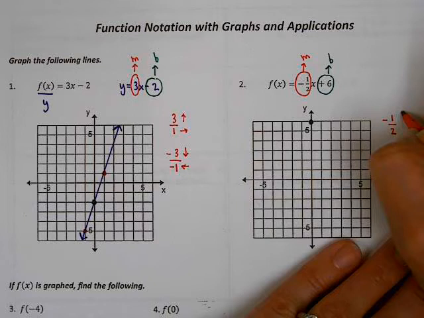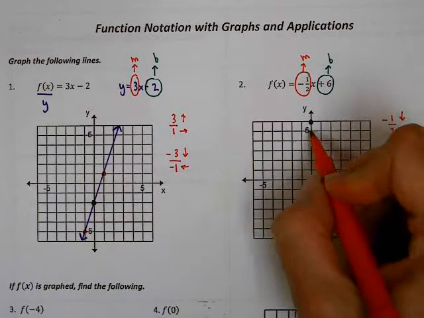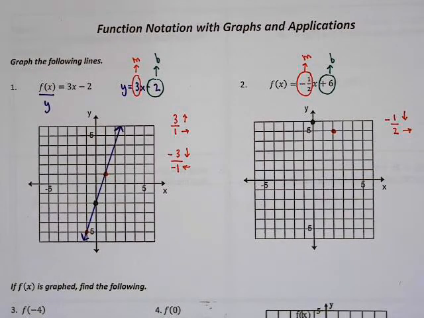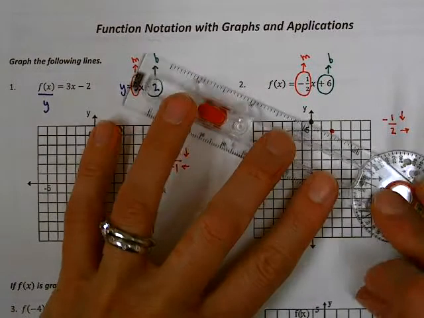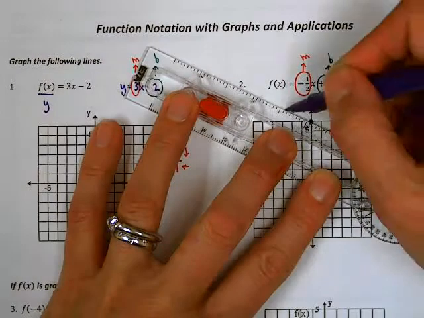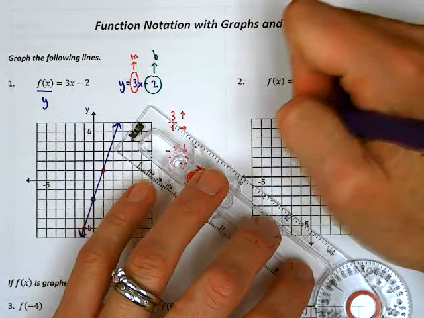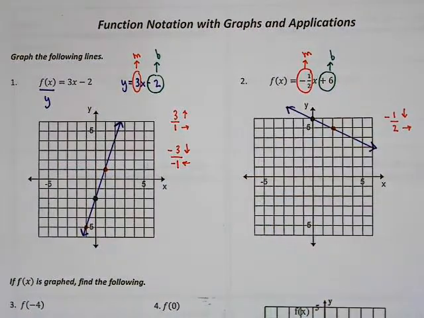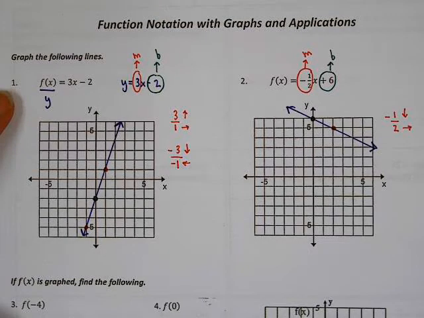So then I'm going to go down 1 and right 2. So down 1 and right 2. And now I have 2 points on my graph again, and I can connect to make that line. And there's my nice straight line. All right, so that's how we use function notation to create a graph.